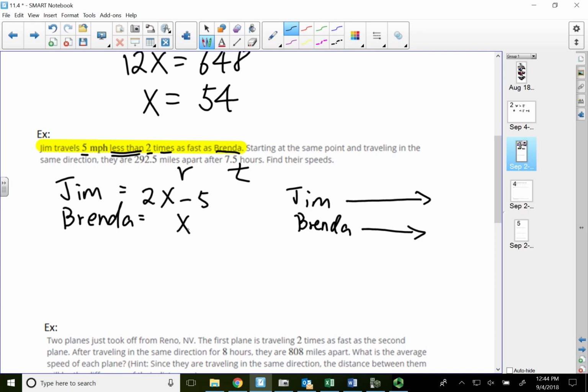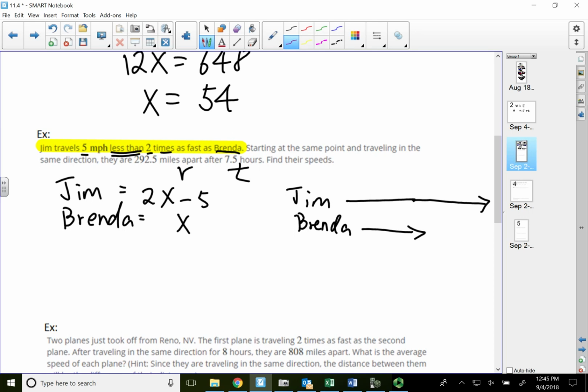So somebody has to go faster than the other. It doesn't matter who goes faster here. What it's saying is if they go in the same direction, starting at the same place, after 7.5 hours they are 292 miles apart. So the one that travels faster will cover more distance.